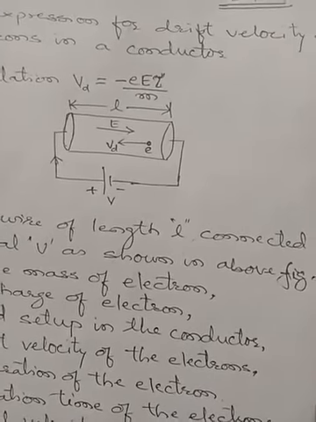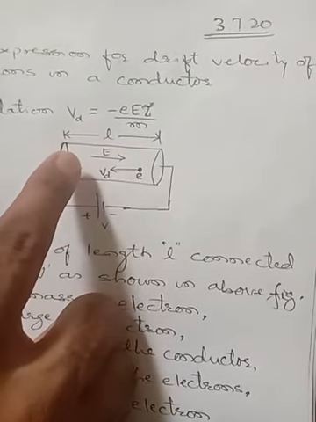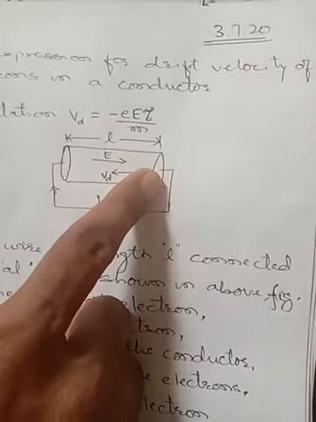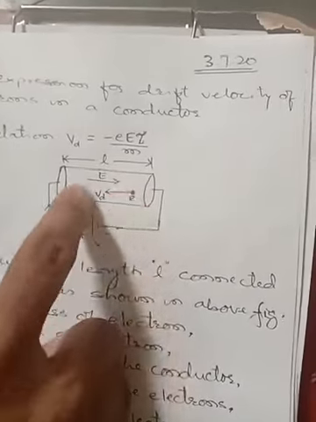Here, as the positive potential and negative potential is given in this figure, this indicates what? Current is induced in this particular case. E will be in this conductor from which to which direction? From positive potential towards the negative potential. And electron will have the drift velocity from which to which direction? From negative terminal towards the positive terminal.